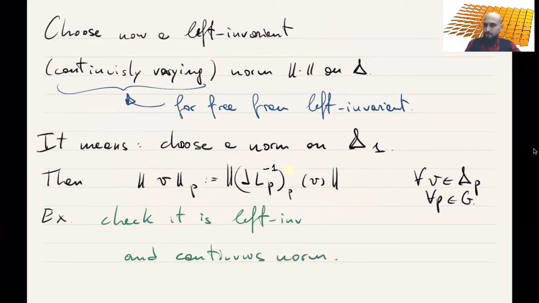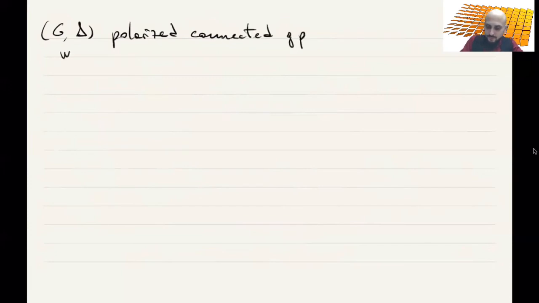Right, so now we are ready to do subRiemannian geometry. So G, delta will be a polarized connected group with delta bracket generating and left invariant.